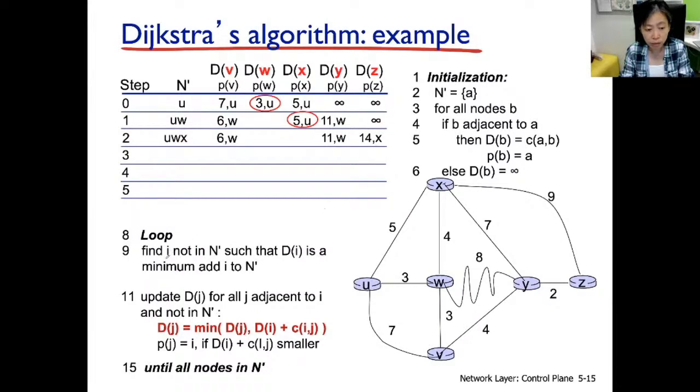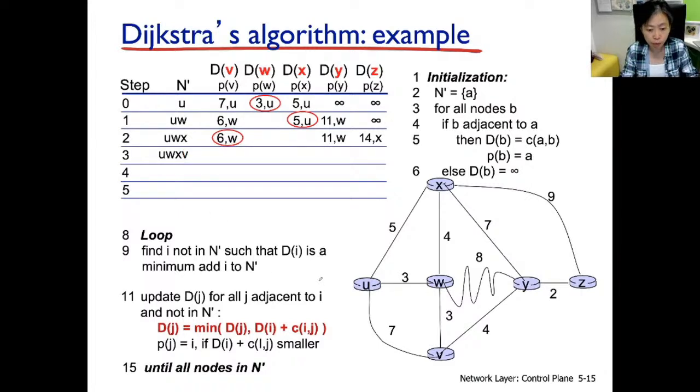And next, pick I again with the minimum di. 6, 11, 14. Therefore, we include this time V into the N prime set. So 6 here, V included to the N prime set.